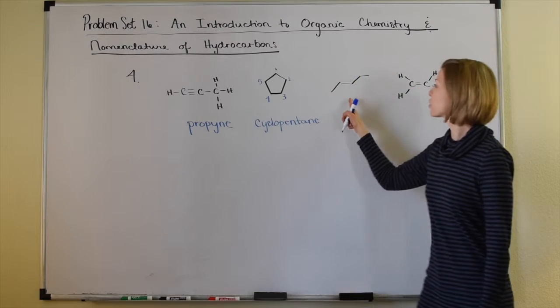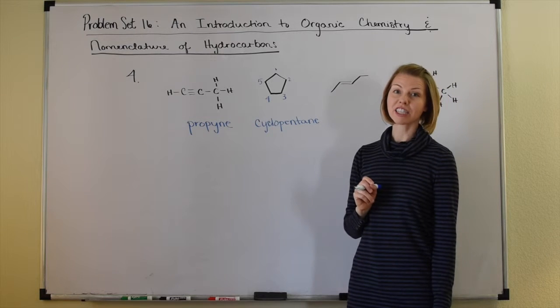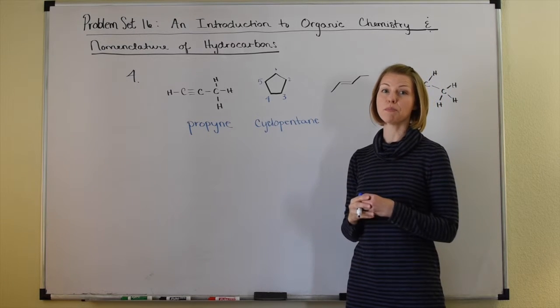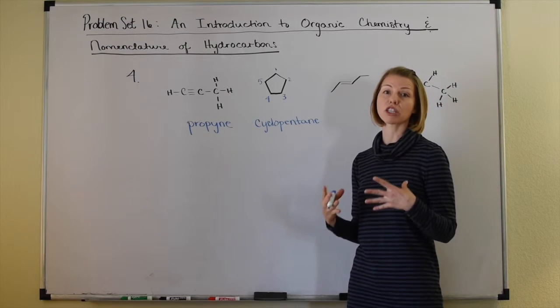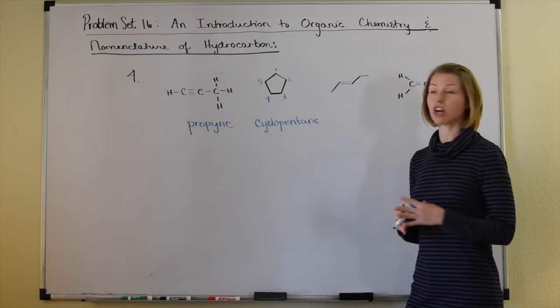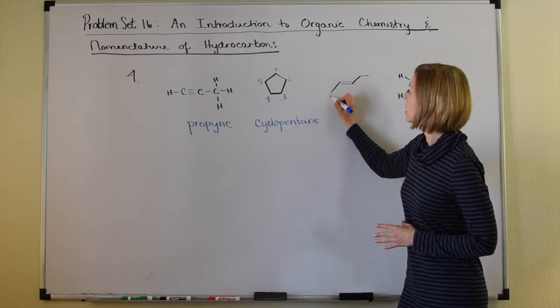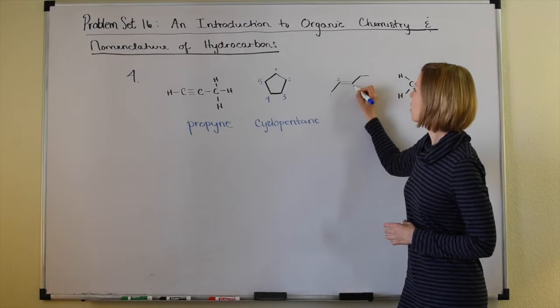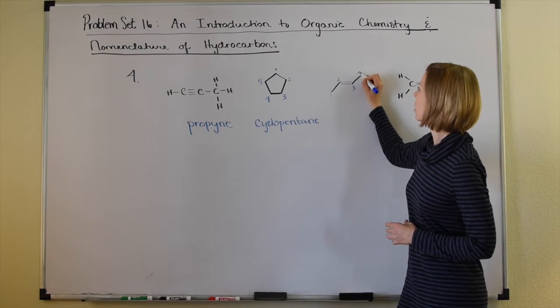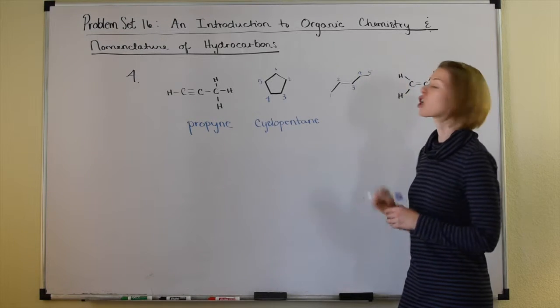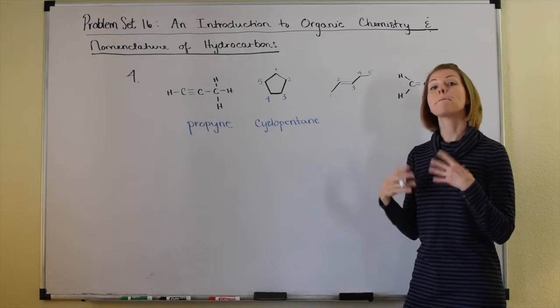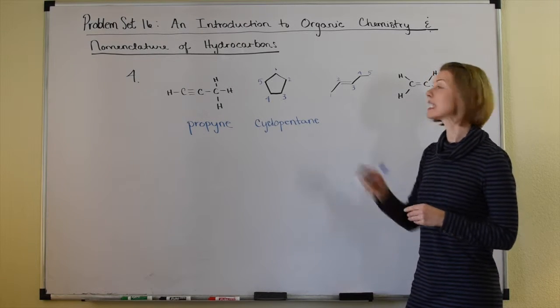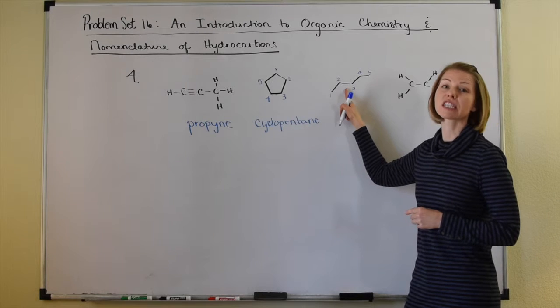Okay, moving on to the third, another line structure. You want to definitely get familiar with seeing molecules drawn in line structure. We have 1, 2, 3, 4, and again 5 carbons for another pent. But this is a pentene. Notice there is a double bond.